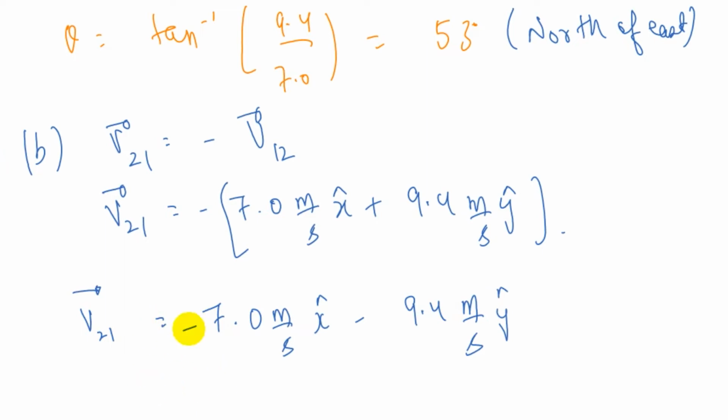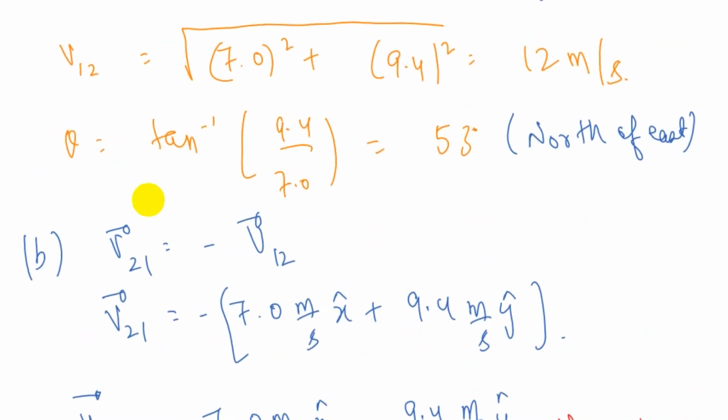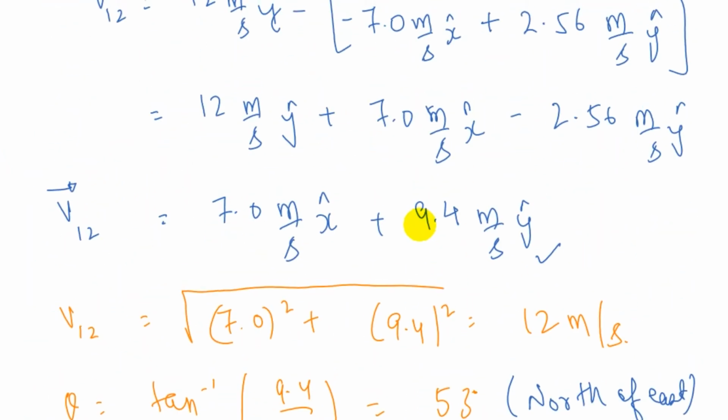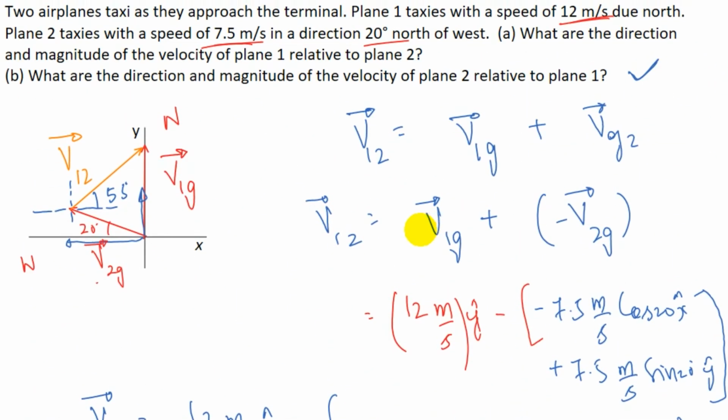Now the magnitude will remain the same for the velocity vector V21. So V21 will have the same value, 12 meter per second, but the direction will change. This angle theta will change. So let me represent the vector first on the diagram. V21 will be just opposite to this vector, something like that.